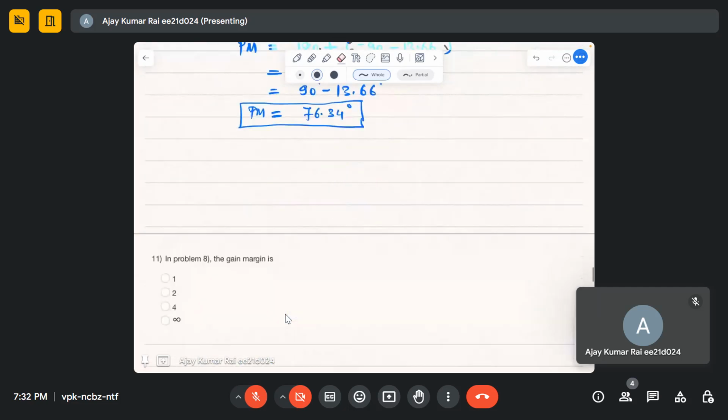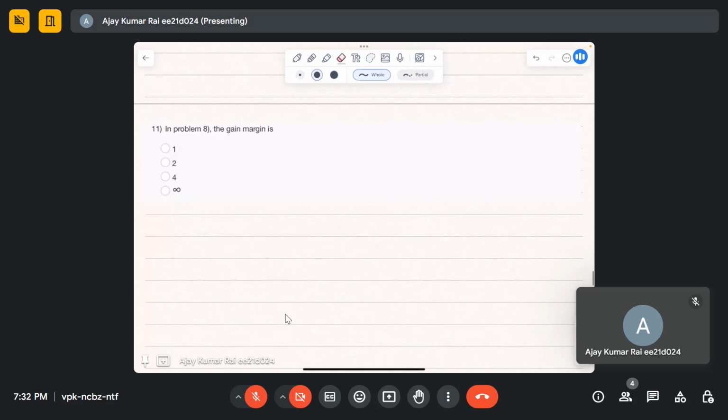Okay, let me go to question 11, which is in problem 8, the gain margin. So gain margin is what? So this is at phase crossover frequency, right?